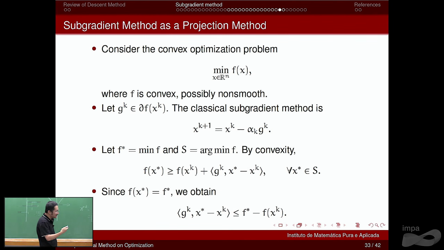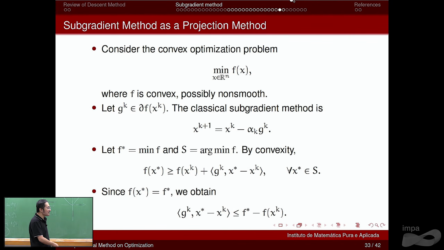Let's check it. We want to minimize this problem, okay? And we have gk is a subgradient. So this is a subgradient method, okay? And we define F star is the minimum of F, and the set S is the argmin of F, which is the solution set of F. Okay, by the convexity, we have this inequality.